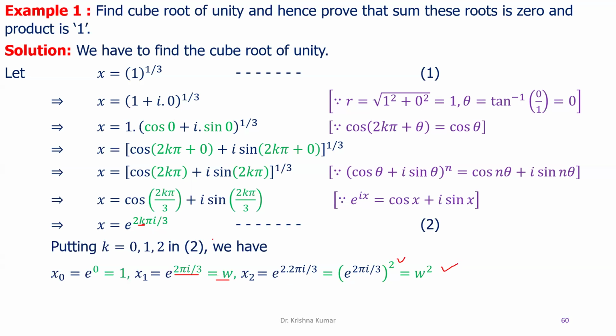So let us see what will happen if you put k equal to 3. Then this 3 and 3 will cancel.